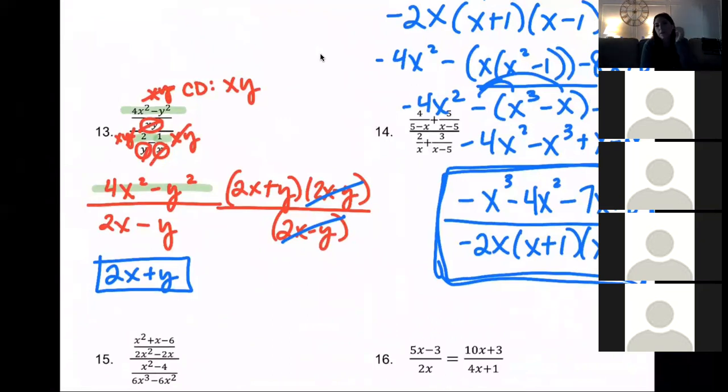You don't have to with complex fractions because what you're really doing is dividing. You're not just adding and subtracting. Okay. But you could keep it if it doesn't simplify. Yes. Okay.